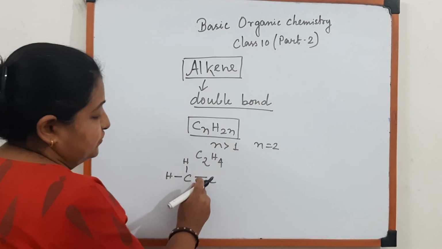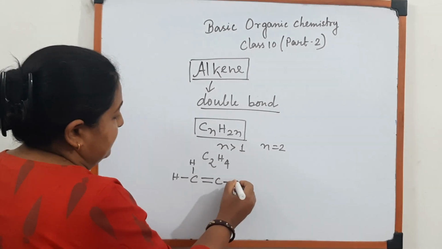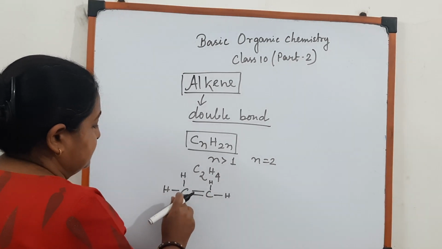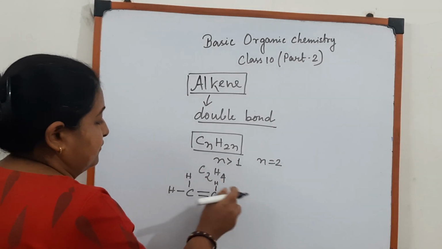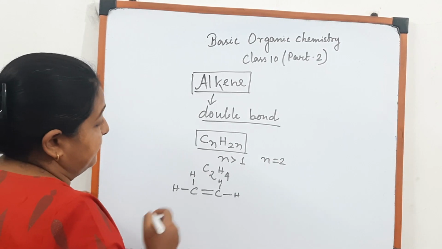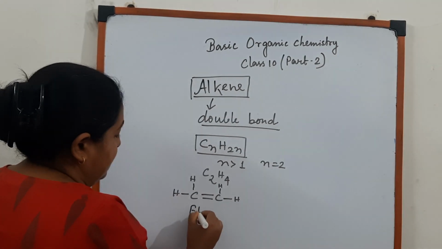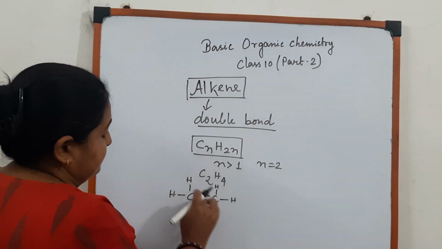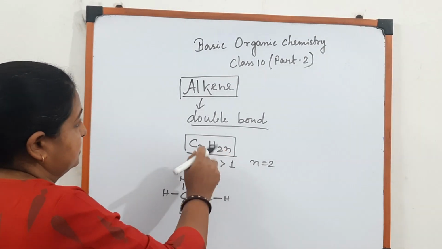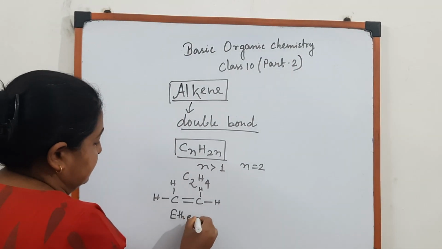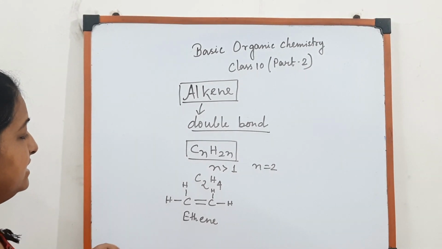Again for this carbon 2 are occupied, so 2 are left. So this is C2, 1, 2, 3, 4, that is H4. What is the name? 2 carbon means eth, and there is 1 double bond, and due to the double bond we end it with ene. So this is ethene.